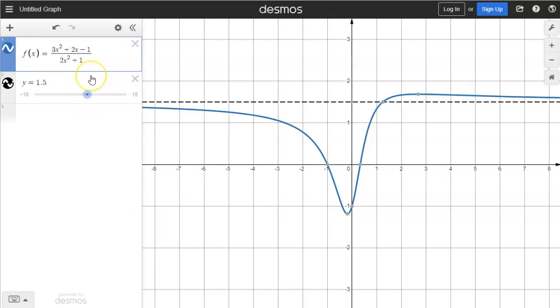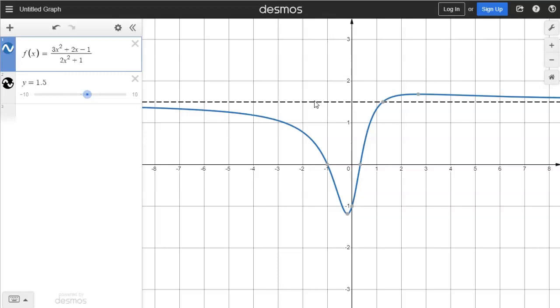So here I have Desmos open just to verify what I was thinking the graph would look like, and you can see here what the graph actually looks like. I've put in the same f of x function that we were just looking at. I also put in this horizontal line y equals 1.5, because that seems to be what's happening.